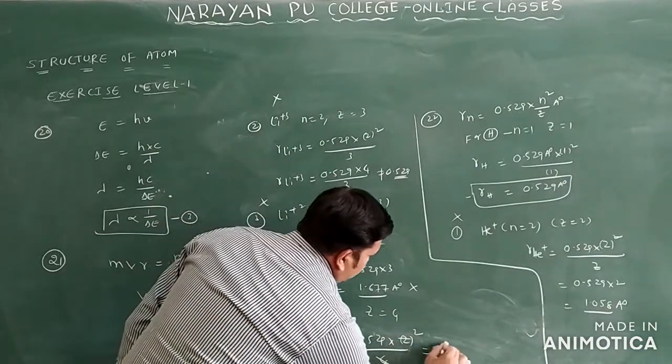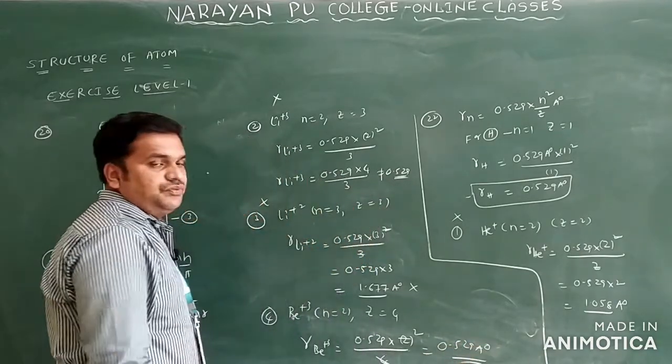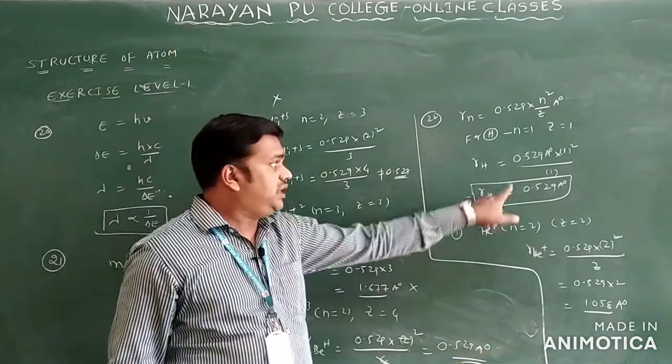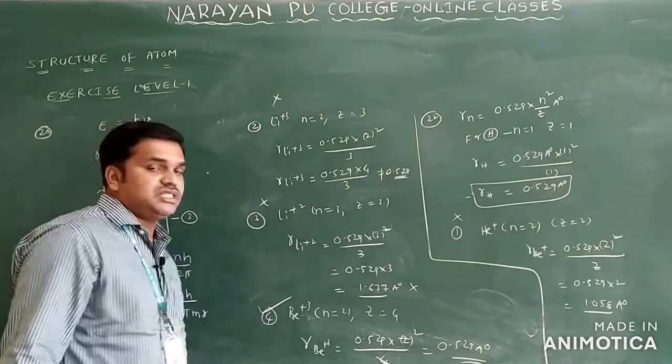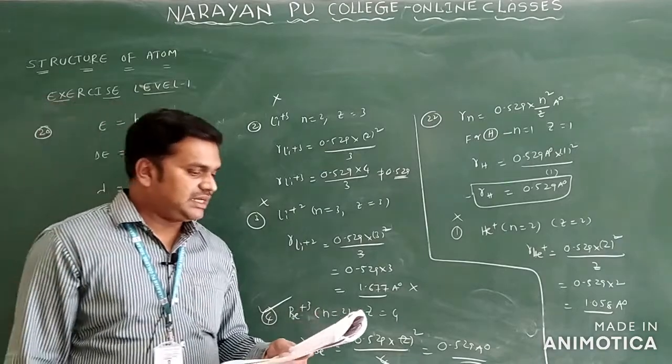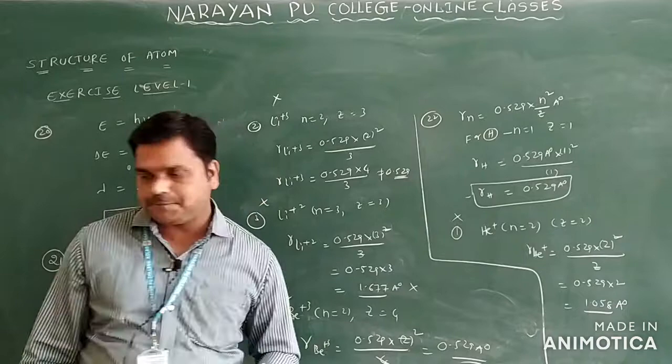Then what you will get? 0.529 as the answer. Which is the same as the radius of the first orbit of hydrogen. So what is your answer? Be plus 3 is the right answer for this question number 22. We can take option 4 only.